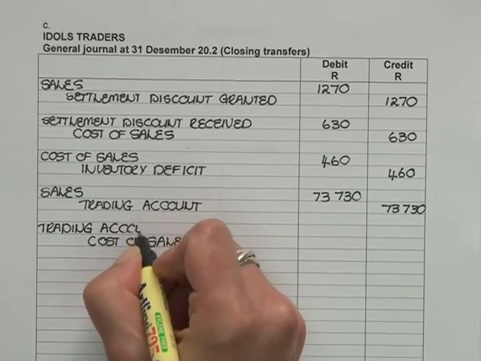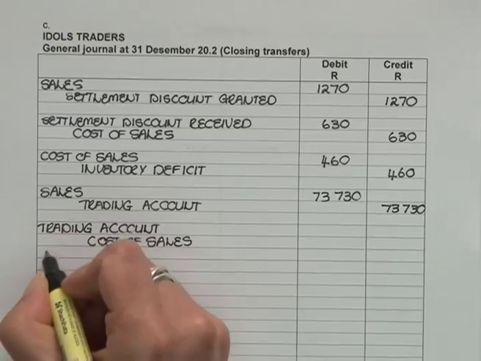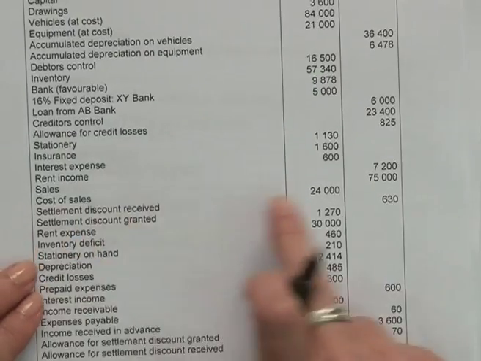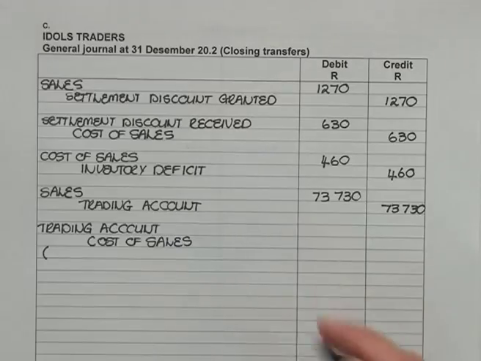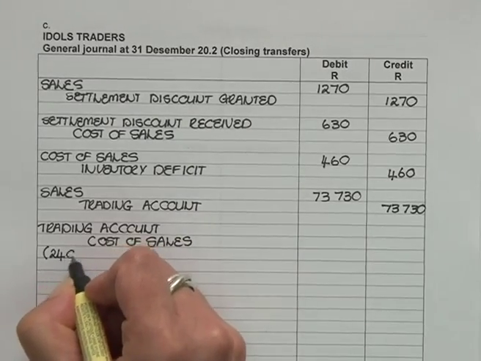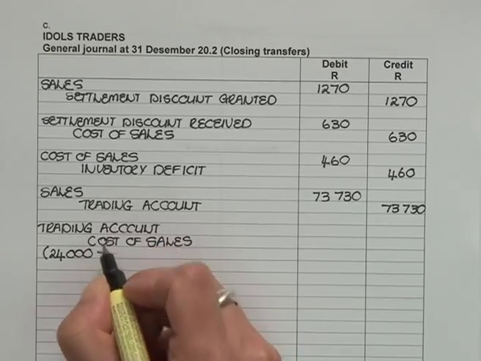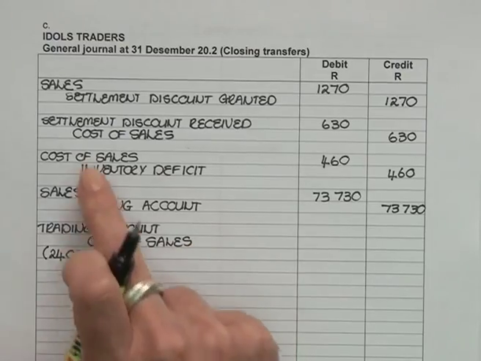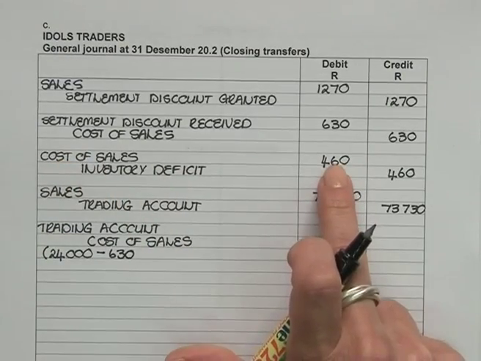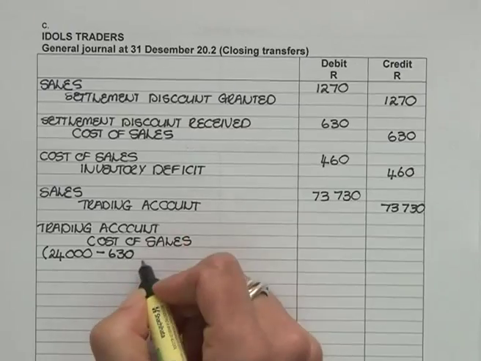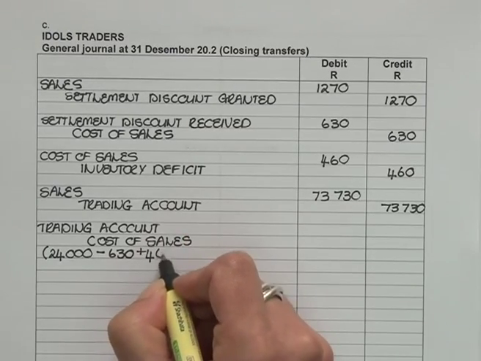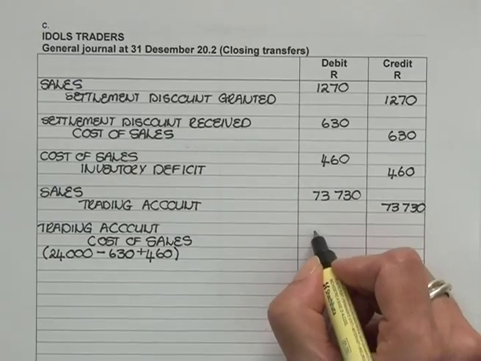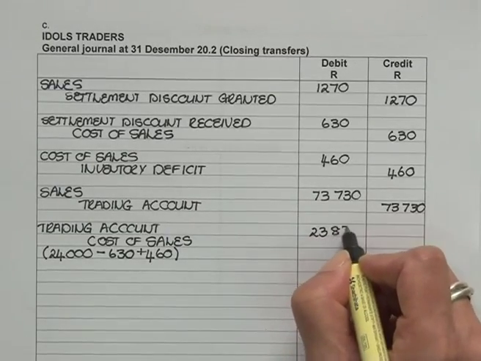Remember, for this, if you want to show in brackets your calculations, you'll start with the cost of sales debit of 24,000. I will deduct, because of that entry, the 630 Rand. And then I have to add to the cost of sales the 460 because of this debit entry in cost of sales. I'll have to add the inventory deficit to that. And the amount that I close off to the trading account will then amount to 23,830.